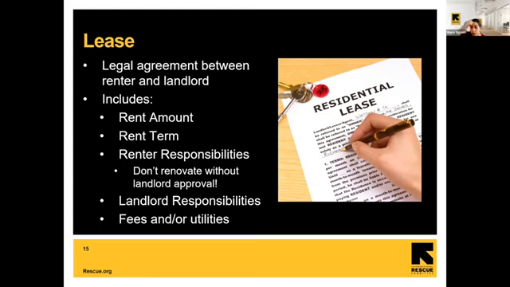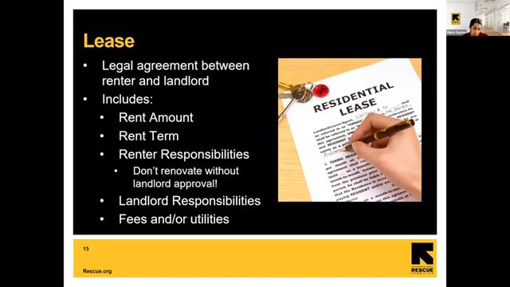It'll also include the term, or the amount of time for the agreement, right? It'll say, by signing this, you are agreeing to live here for 6 months or a year, and therefore you are saying you are going to be responsible for paying your rent for that time period. It'll also list your responsibilities living in that apartment.